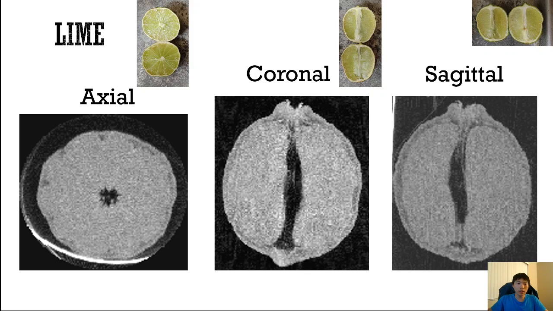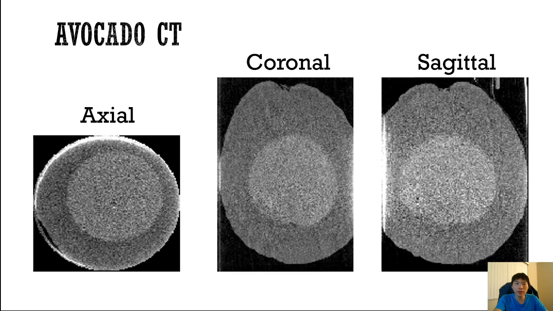So inside the Lyme, you can see perhaps a less dense region, maybe a little bit of a pithy center, but there's not a whole lot of contrast within the soft tissue of the Lyme. So let's have a look at avocado.